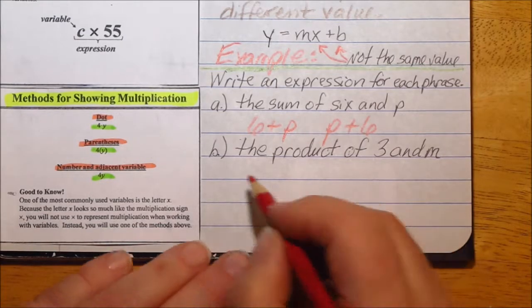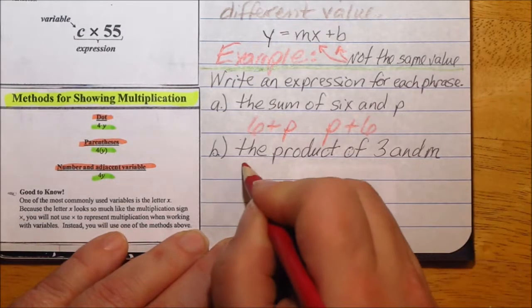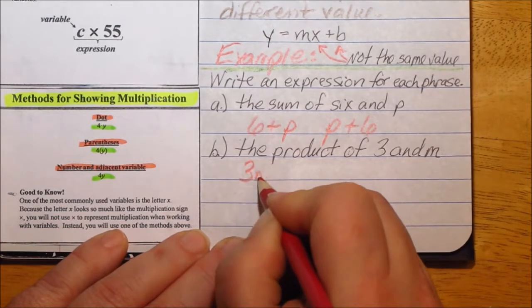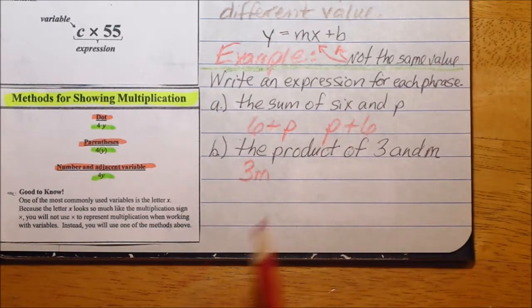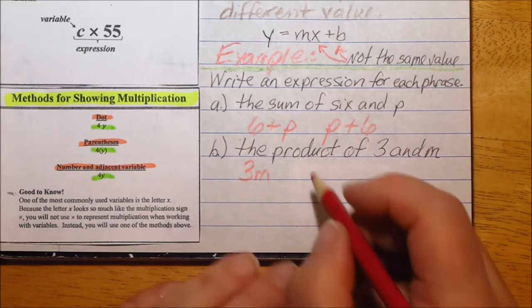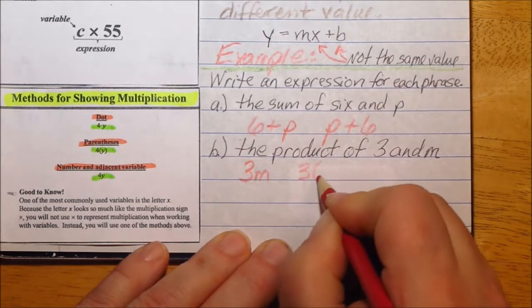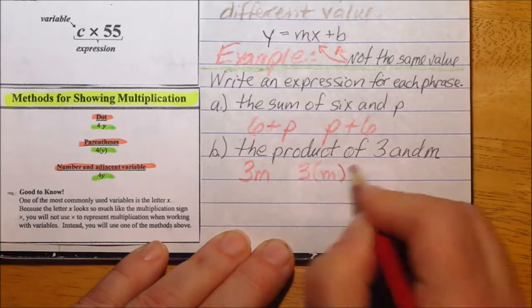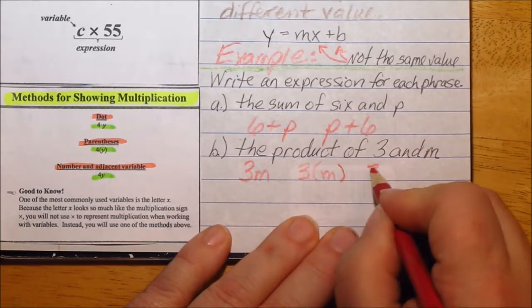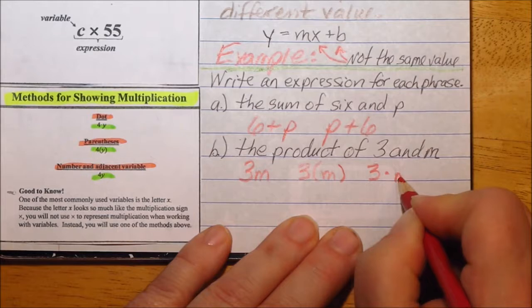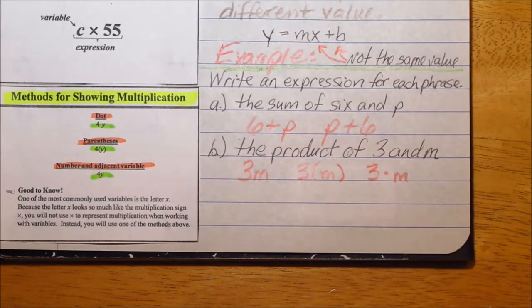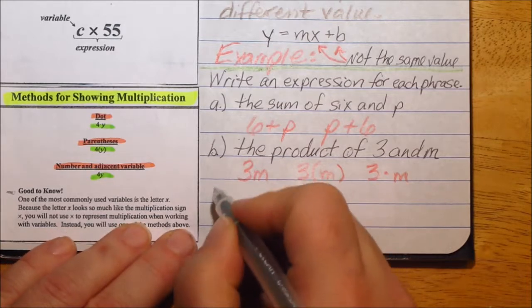So the most common way that I would show this, if I saw this phrase, I would write 3m. This means 3 times m when they're just simply adjacent to each other. But I could also write it 3m, or I could also write it 3 times m with the dot, and those are all correct.